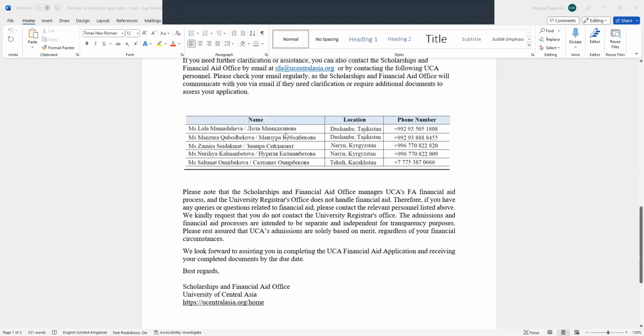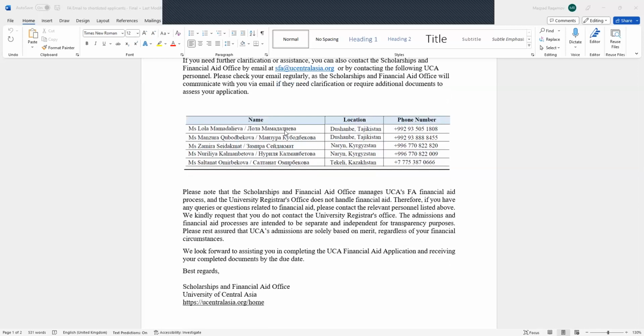You can see here the names of our colleagues, the locations and the phone numbers. You can also chat, text, or send a message via WhatsApp. All these 5 numbers are active WhatsApp numbers.